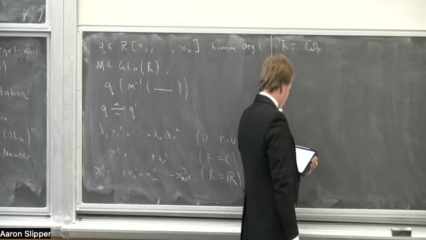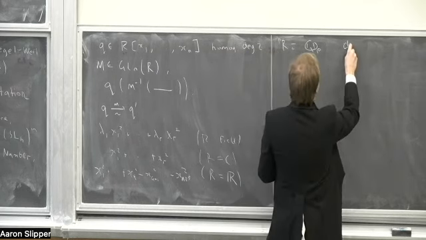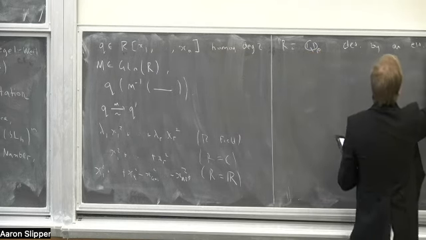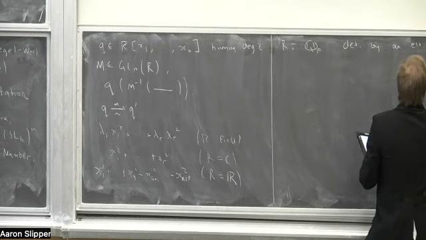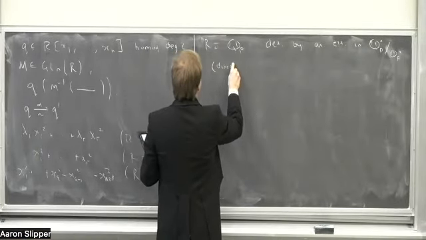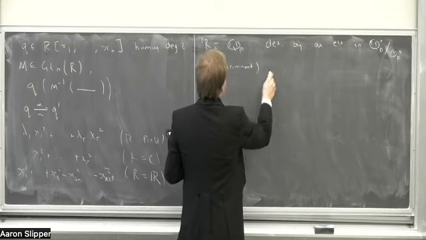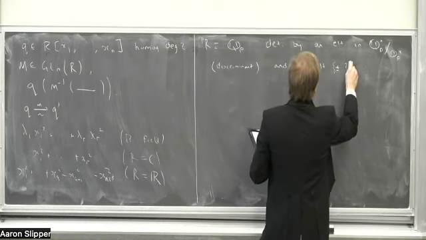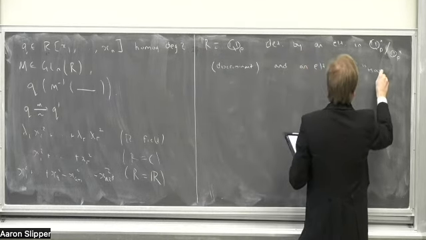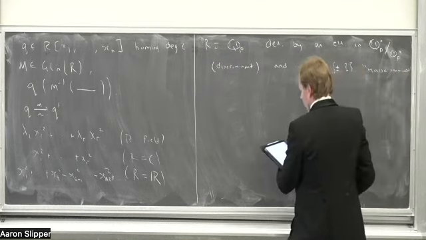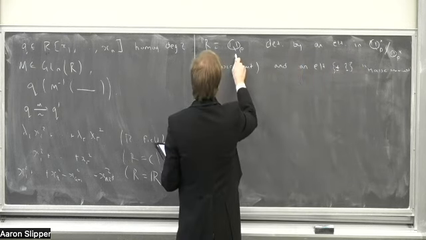It's determined by an element in Q_p star mod Q_p star squared called the discriminant, and an element plus or minus 1 called the Hasse invariant. I think we're also assuming here p is not equal to 2.